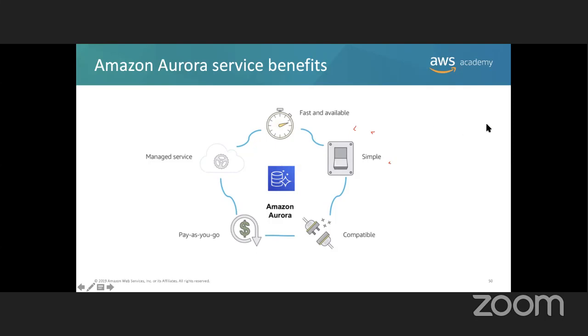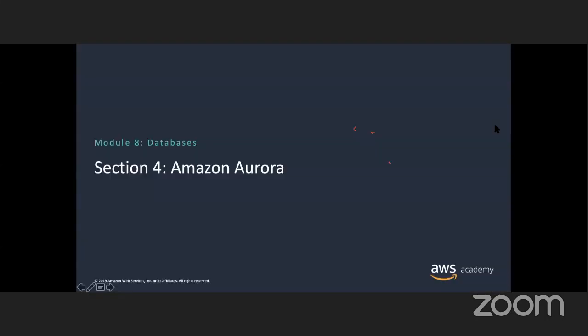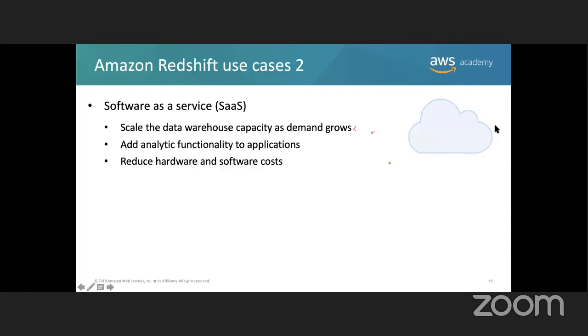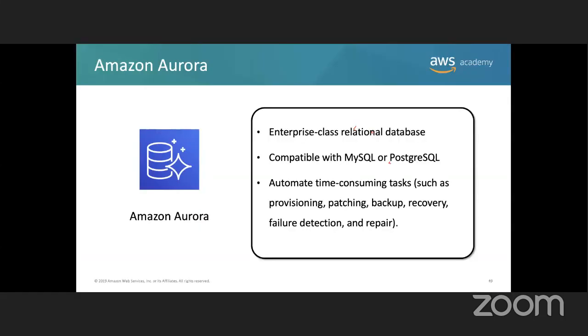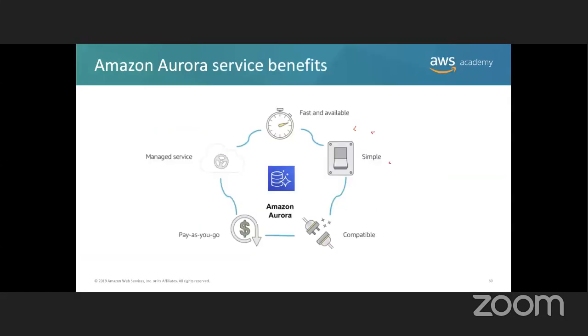Let's say that you have Oracle, right? And then you want to just take it to the cloud, right? AWS has a database conversion tool that will convert that into the cloud format, right?